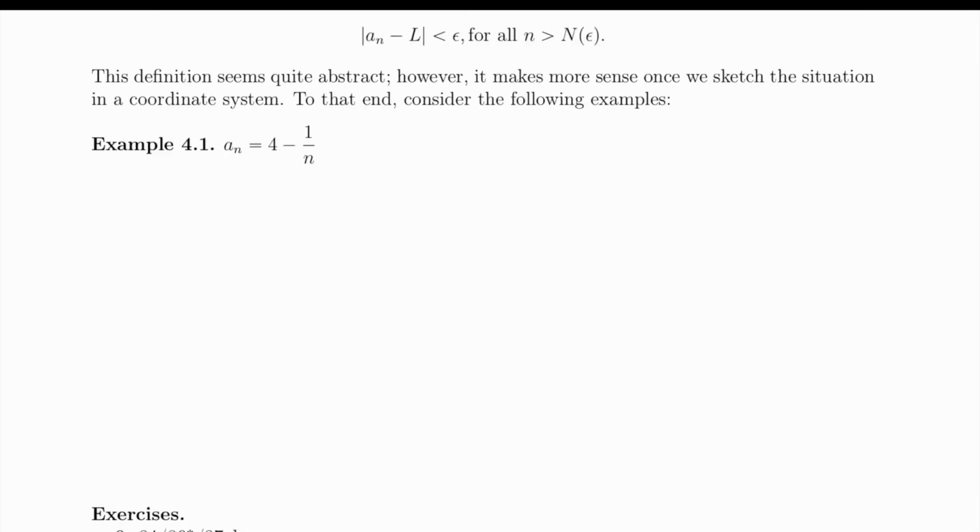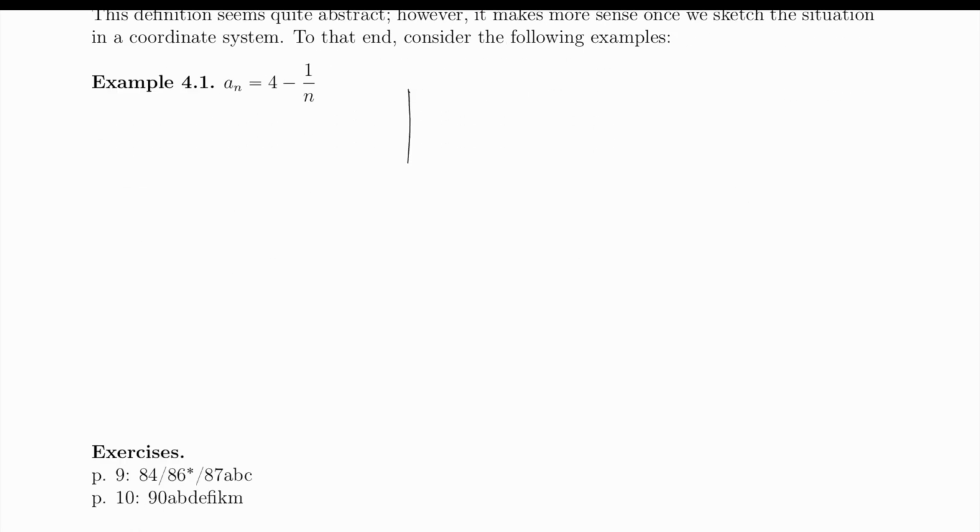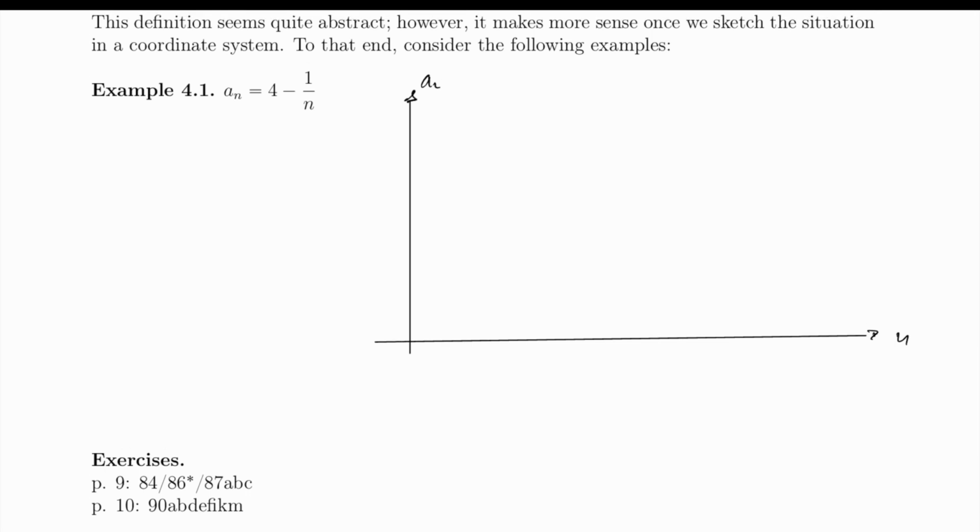All right, then we briefly looked at what convergent actually means mathematically, and here we plotted the sequence of 4 minus 1 over n. If you plot that with n on the horizontal axis and the value a_n on the vertical axis, for 1, I plug that in, 4 minus 1 over 1, that would be 3.